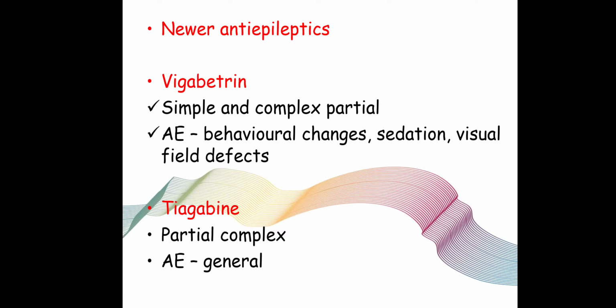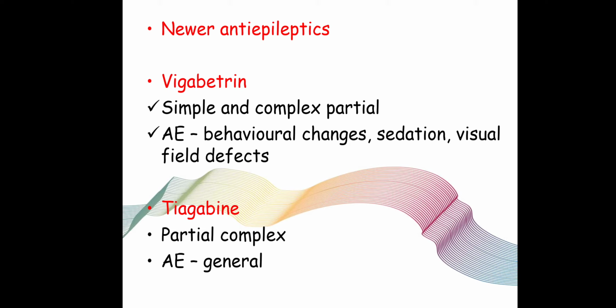They are always used as add-on therapy to the older drugs, right? If a patient is not well managed by phenytoin, you can add one of these newer drugs, right? That is all. So in this we have vigabatrin. We have also discussed the mechanism of all these drugs in those two figures. So we'll just discuss uses and important side effects.